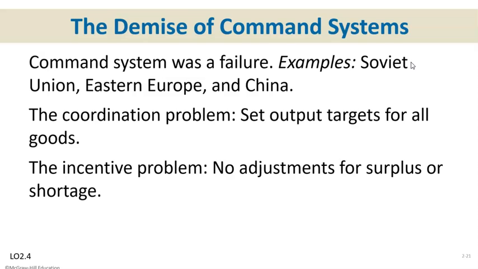So a great example of the differences between the effectiveness of the market system and the command system is Korea. In 1945, Korea split into North Korea and South Korea. South Korea switched to a market system, and North Korea is using communism.